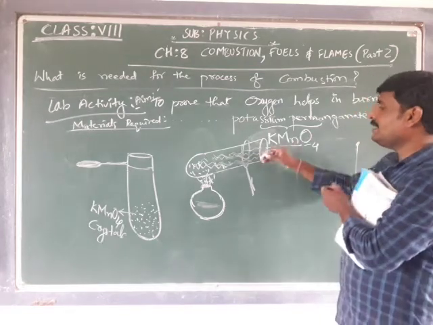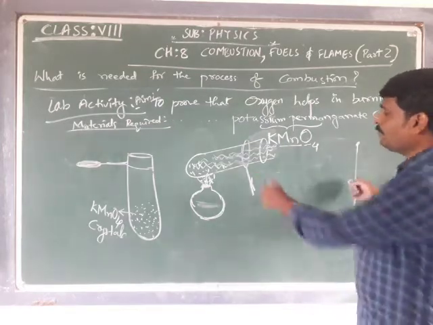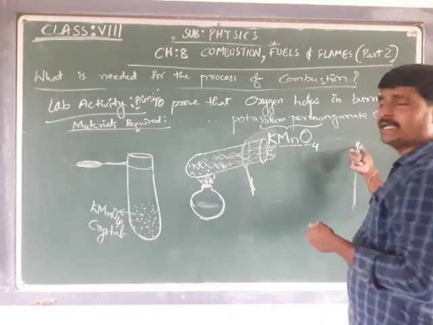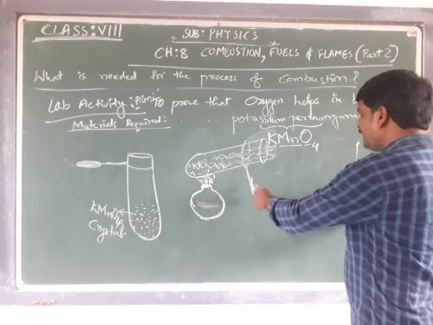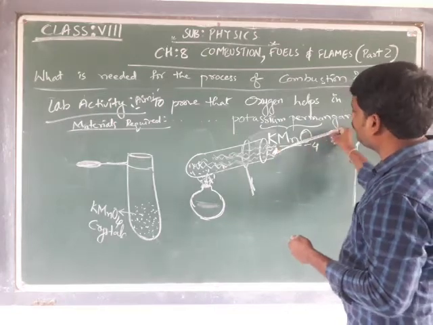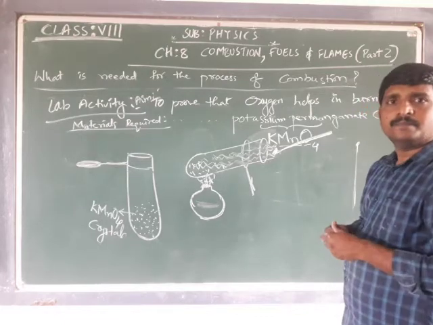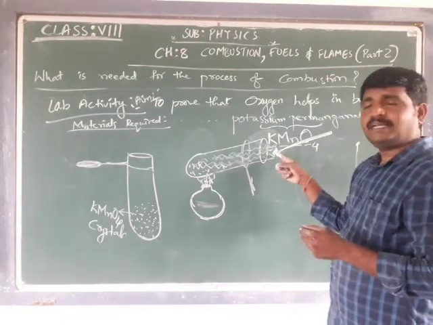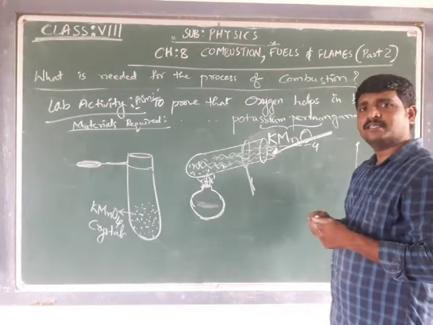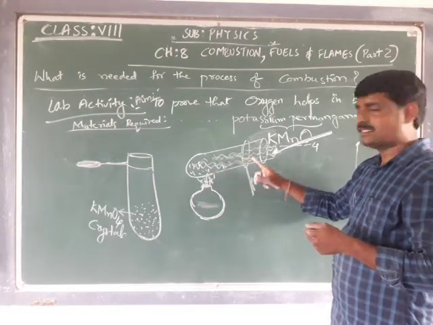Now, when the gas starts coming out of the test tube, what do we have to do? We bring the agarbatti, which does not have a flame but is still burning, near the mouth of this test tube where the potassium permanganate crystals are heated and releasing gas.